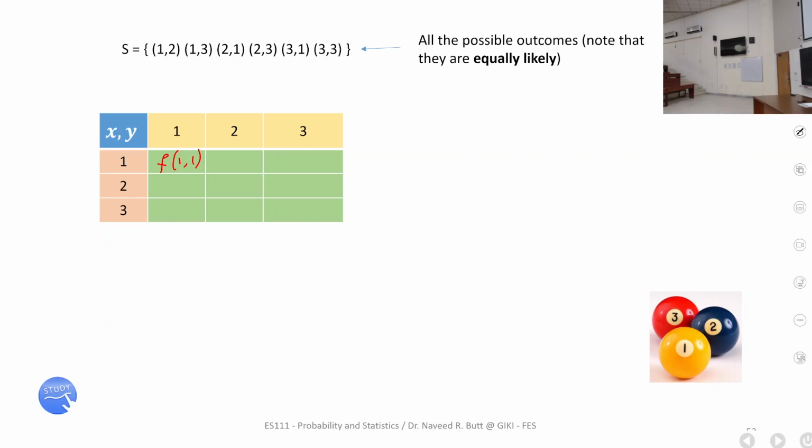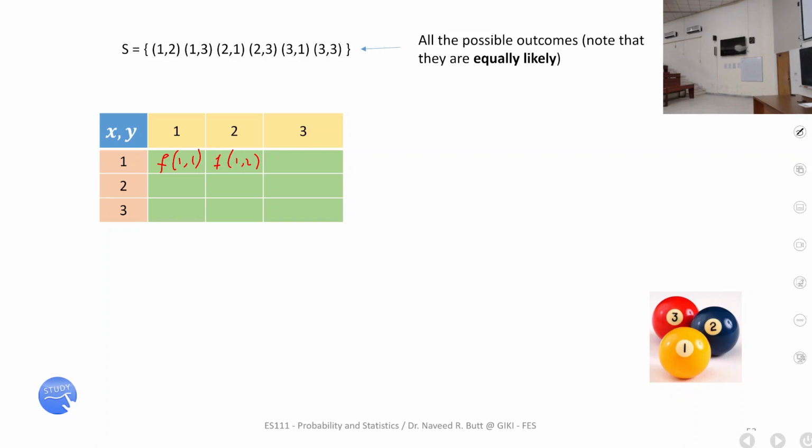In the example we are looking at, drawing balls from the bag, what are you saying? The probability that the first ball has a 1 written on it and the second ball has a 1 written on it. What is that? We already know. It's 0. Okay. What would F12 represent?